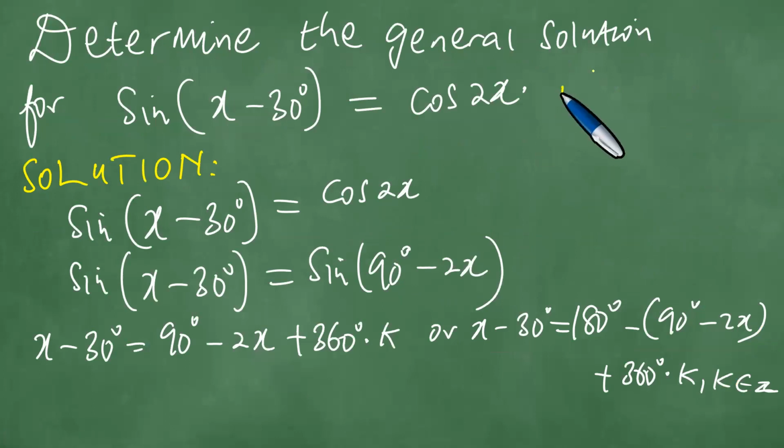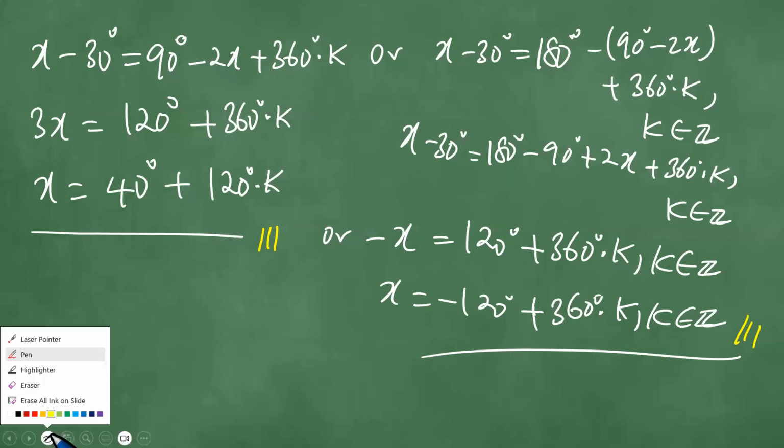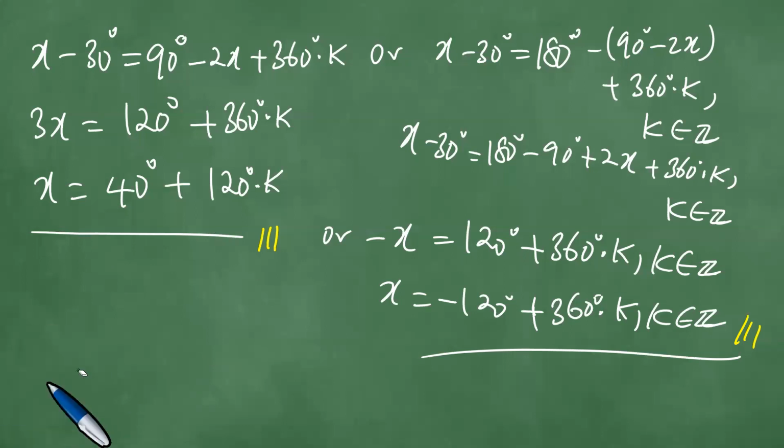We're to find the general solution to this question, and the general solution is the one we just got. The general solution is exactly 40 degrees plus 120 degrees times k, where k is an integer.